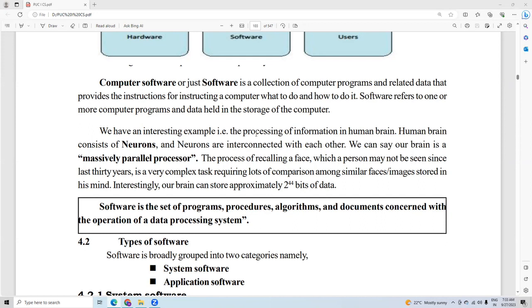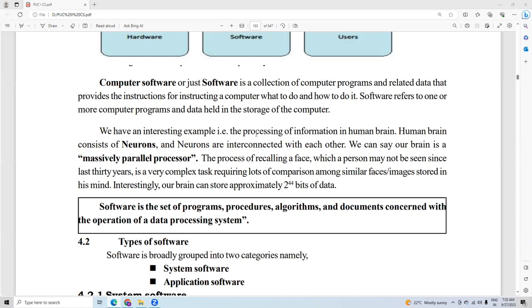Similarly, say a fellow who was in touch with you a long time back, but after a long time you had a gap. When they make a phone call, your brain will start analyzing their voice, the way they talk, and your brain will start analyzing his face.